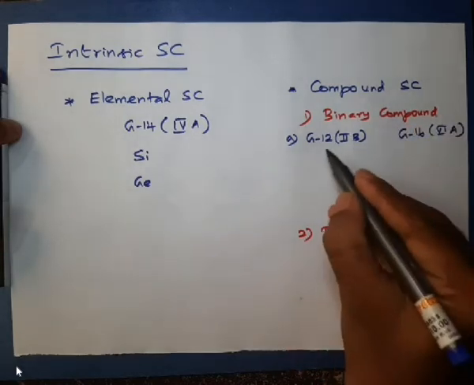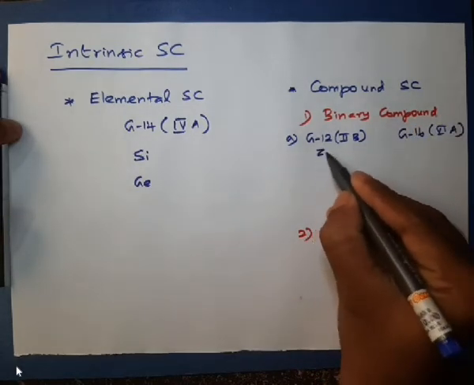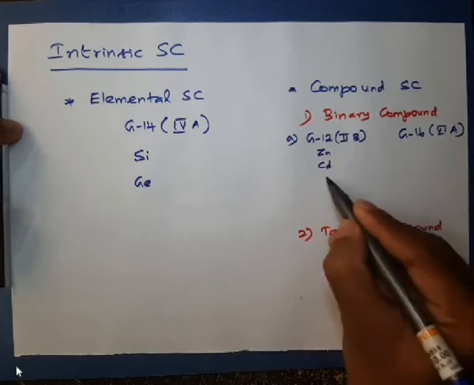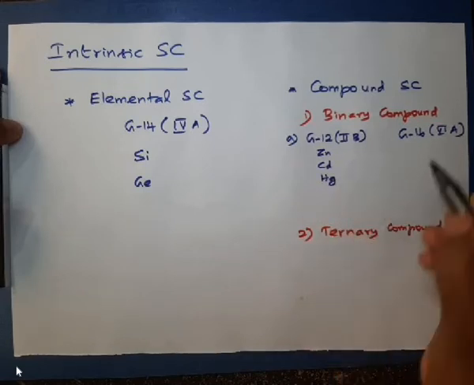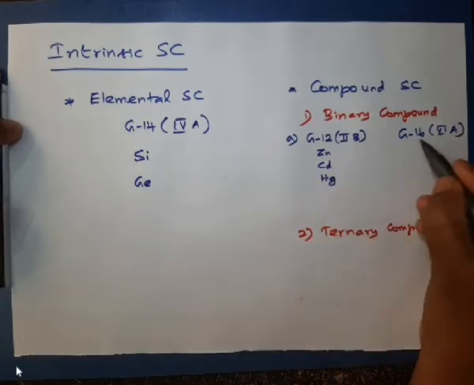For example, in group 12 we have elements like zinc, cadmium, mercury, and in group 16 we have oxygen, sulfur, selenium, tellurium, polonium. Now if I combine cadmium with selenium, I'll get cadmium selenide.